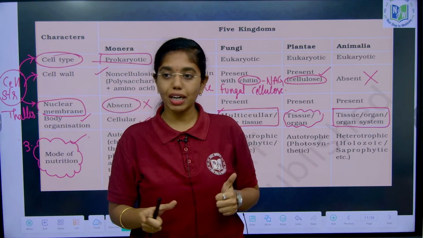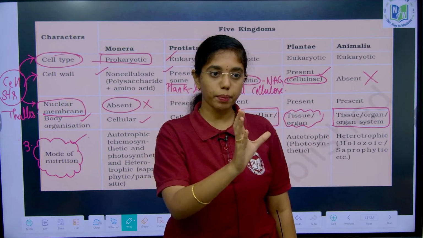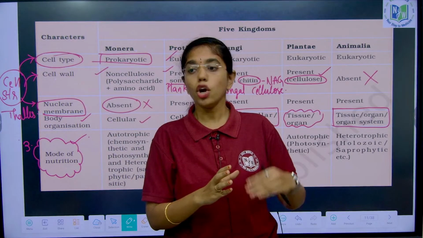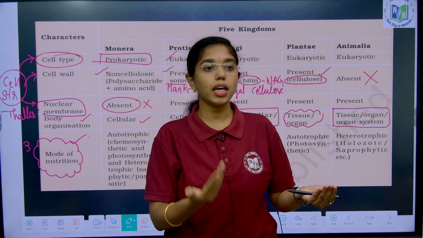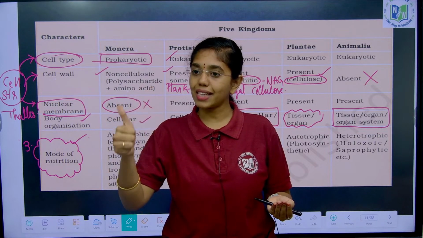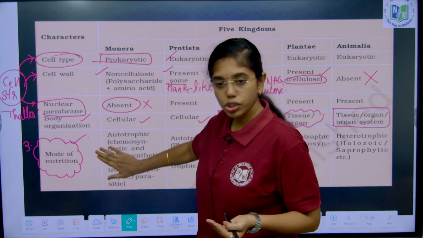Highest nutritional diversity, you can see autotrophic monerans, autotrophic bacteria, heterotrophic bacteria. In autotrophs also you can see photosynthetic autotrophs, chemosynthetic autotrophs. Heterotrophs you can see three types: parasitic, symbiotic, saprophytic. So, highest nutritional diversity.